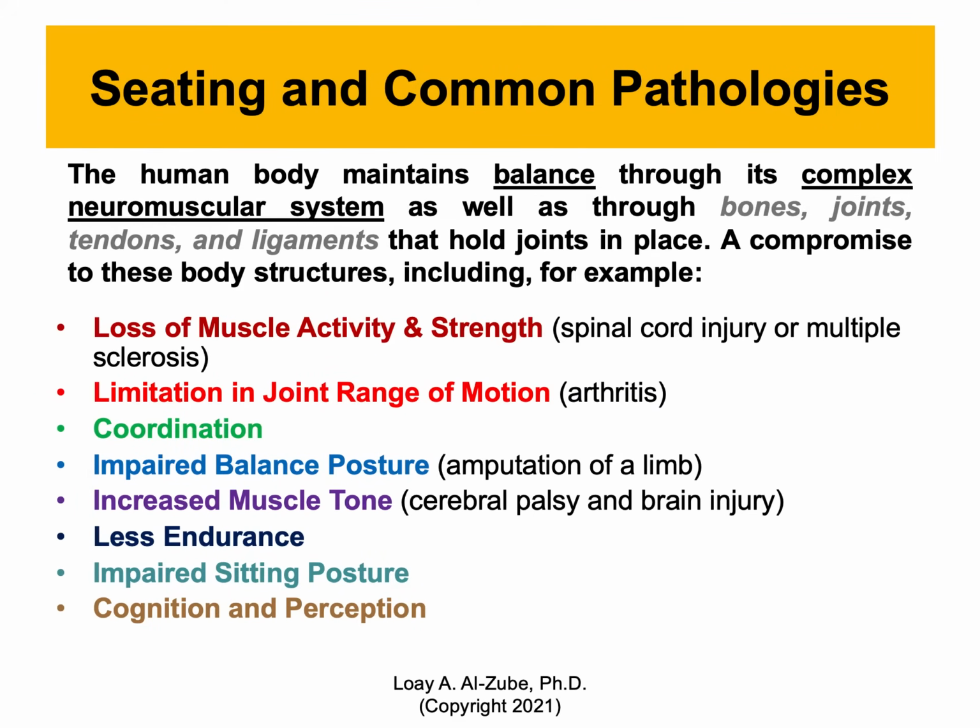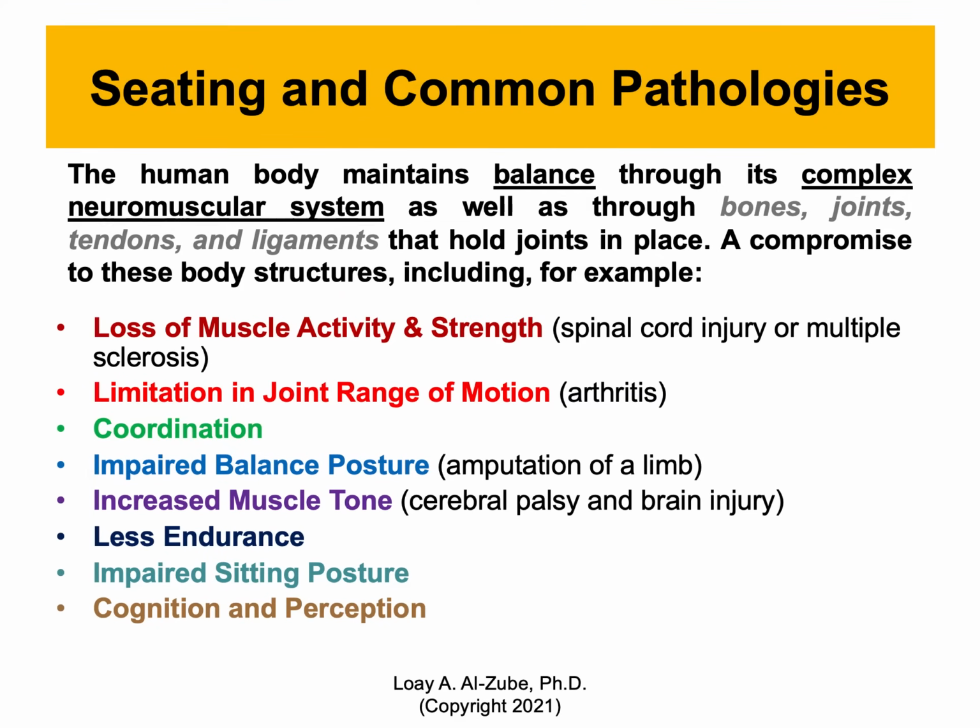So loss of muscle activity and strength, this is associated with spinal cord injury or multiple sclerosis. Limitation in joint range of motion, this is a result of arthritis. Coordination, people lose coordination for many reasons in their motor tasks. So if they want to move to hold an object or catch an object, they will lose coordination.